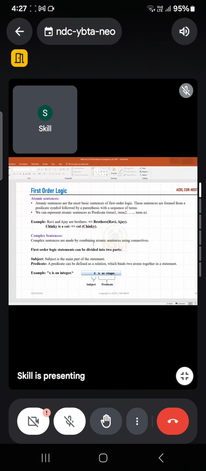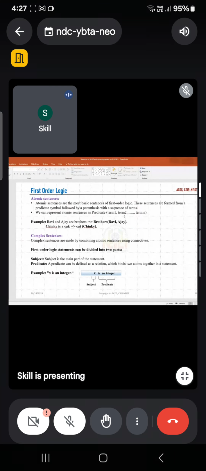So a first order logic statement can be divided into two parts, subject and predicate. Subject is the main part of the statement, and predicate can be defined as the relation which binds two atoms together in a statement. In the atomic sentence also we have seen that the predicate explains the relation between Ravi and Ajay, and in Chinky is a cat.